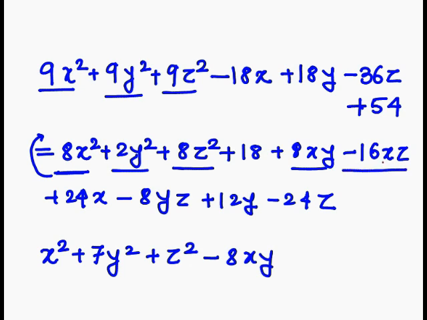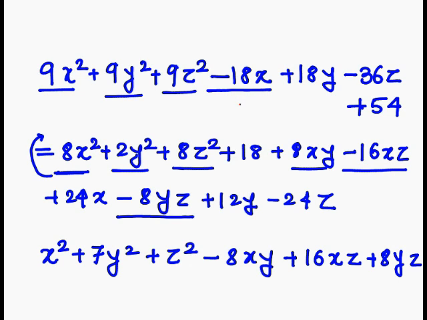Now this is also a single term, minus 16xz. So if we take it to the left hand side, we get plus 16xz. One more term we have, that is minus 8yz. So we get plus 8yz. Now we are left with the single terms, that is minus 18x minus 24x. So what we get? 24 and 18 is 42. So it is minus 42x.